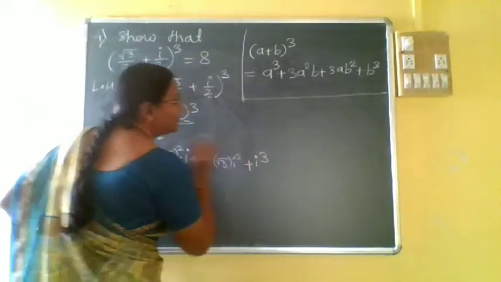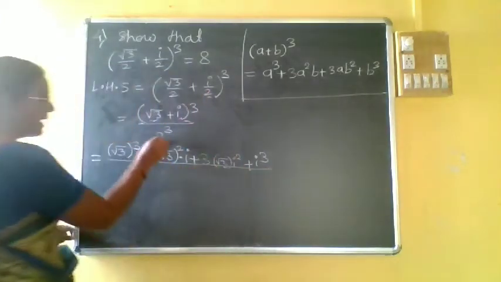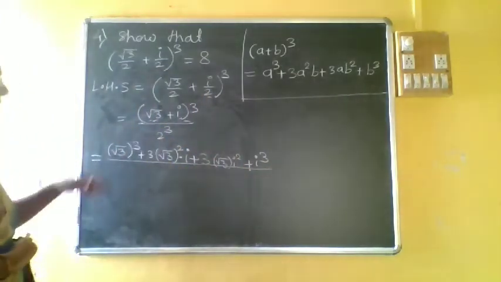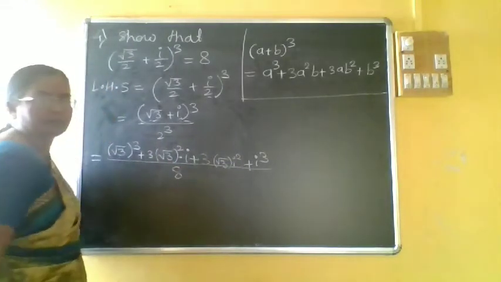We have to expand the bracket, divided by the value of 2 cube, which means multiplying 2 three times, so it becomes divided by 8.